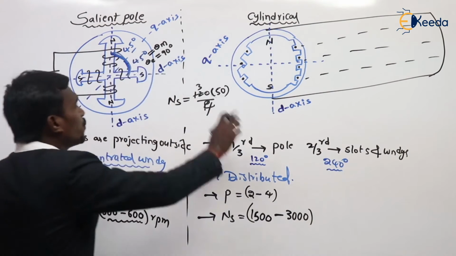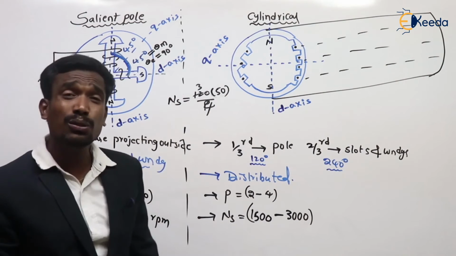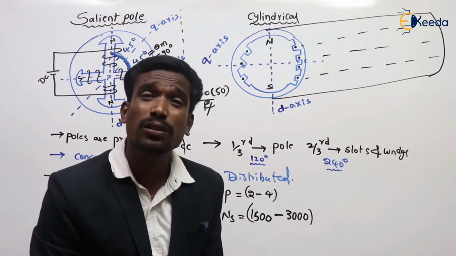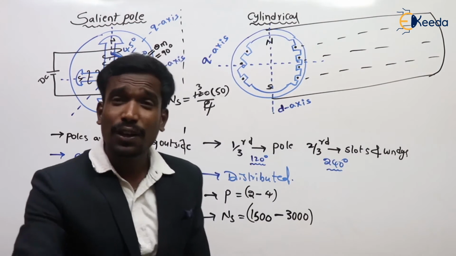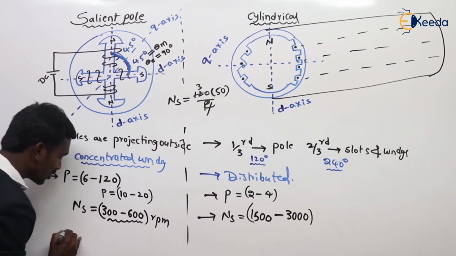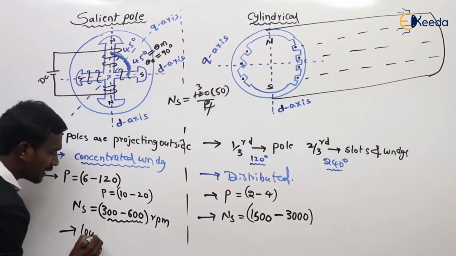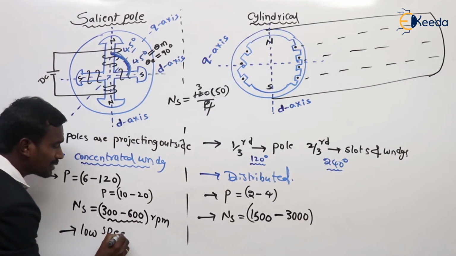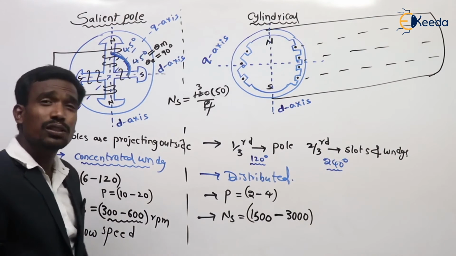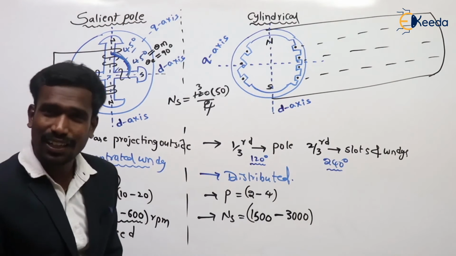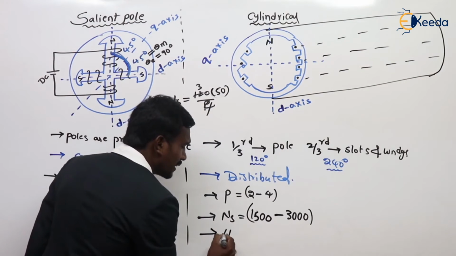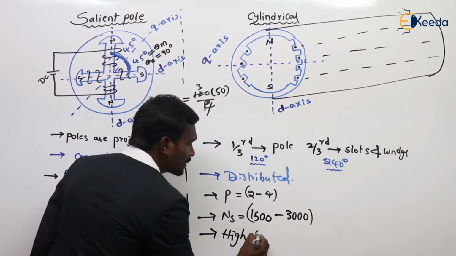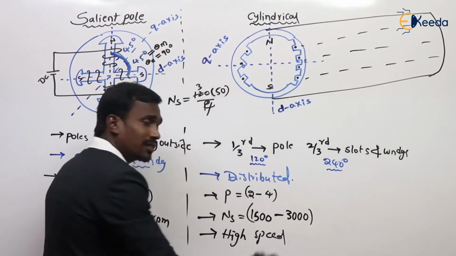Now tell me, which generator is used for low speed applications? Can you tell me? For low speed applications, which generator is preferable? The salient pole type is used for low speed applications, whereas the cylindrical generator is used for high speed applications.